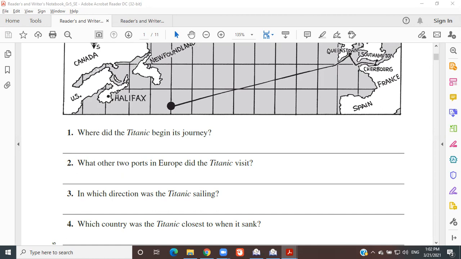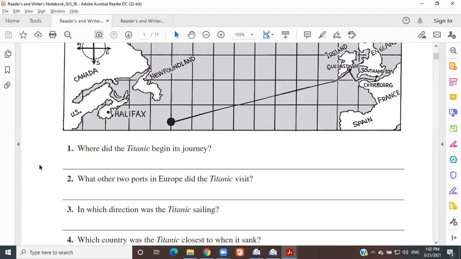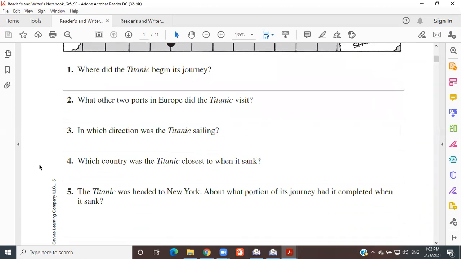There's one country's name in here. Halifax is a country? A country, not a city. It's Canada. Very good. Amazing.